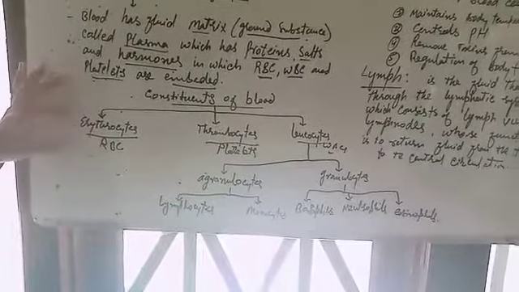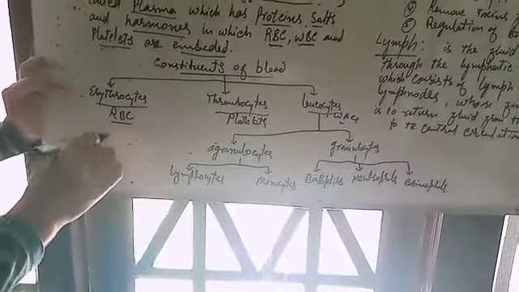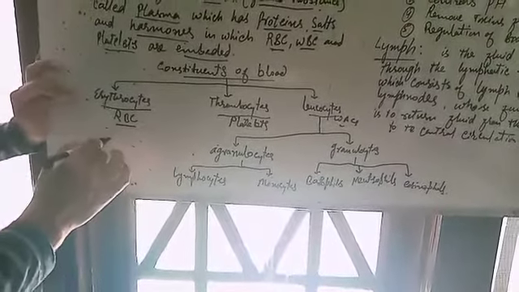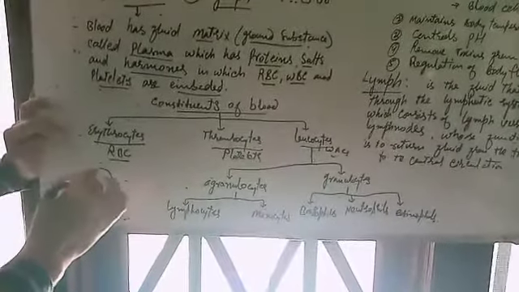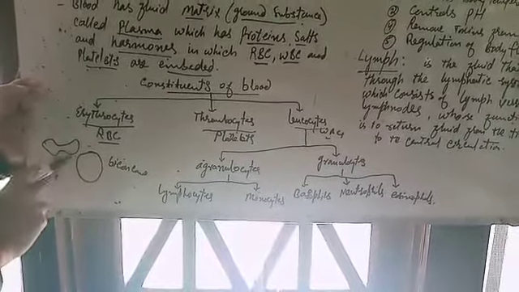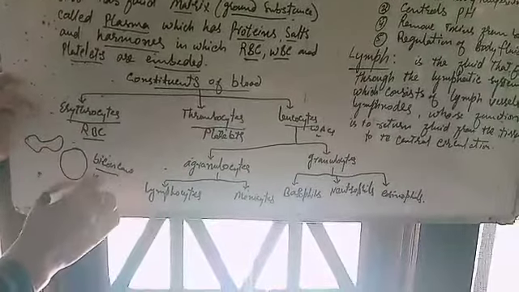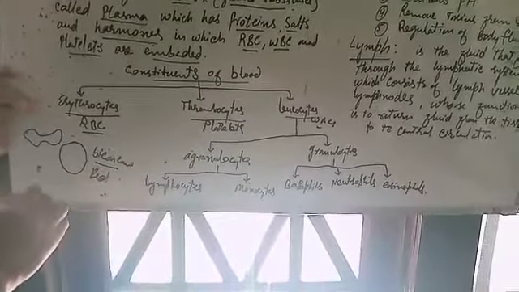First we will learn about erythrocytes. Erythrocytes, or RBCs, are round, circular cells, but they are biconcave, discoid or coin-like cells, which are red in color due to the presence of hemoglobin.